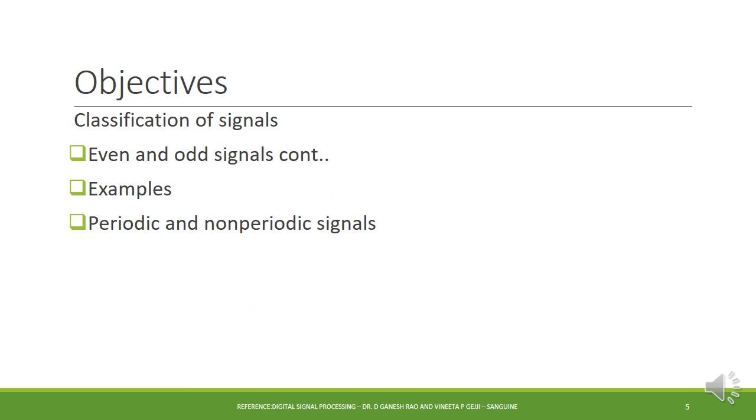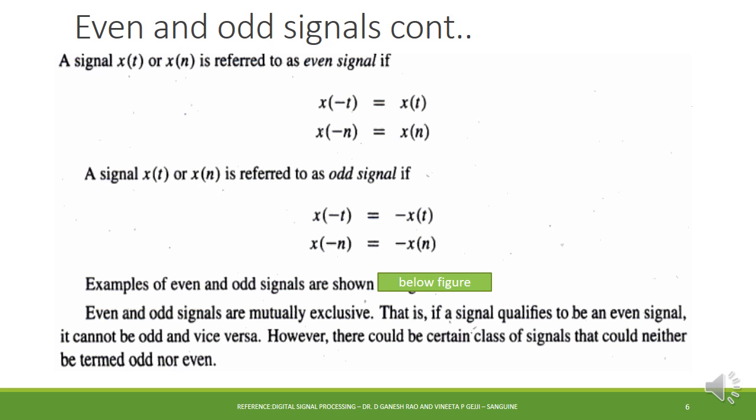Let us begin with once again the definition of the even and odd signal that you studied in the last class also. So what is even signal? X of t is your continuous signal. X of n is your discrete signal.